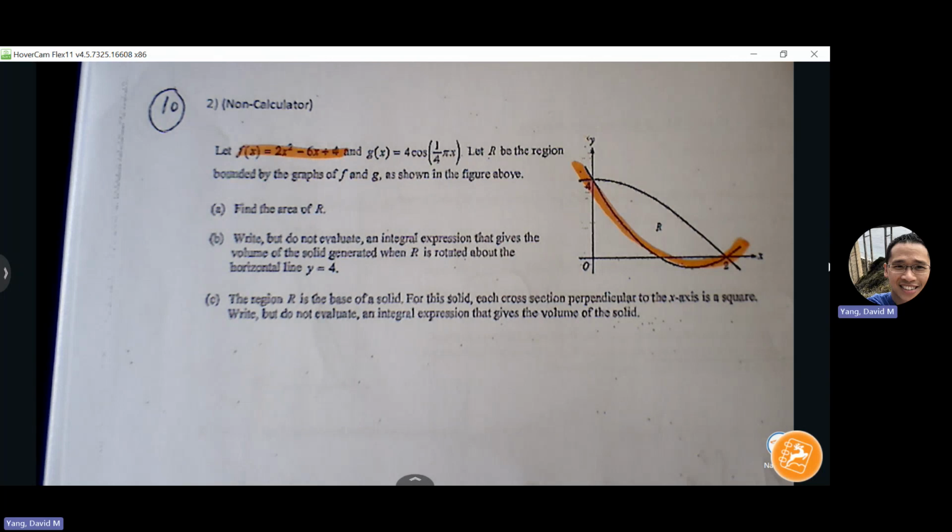Do top minus bottom, just make sure that we protect the bottom with a set of parentheses, otherwise, if the negative doesn't distribute through, then we're going to get different answers.